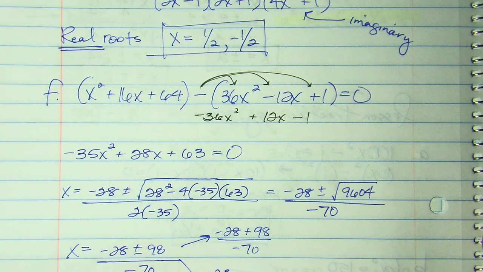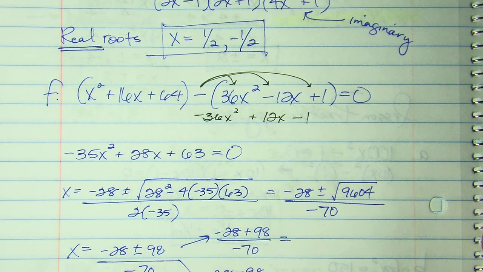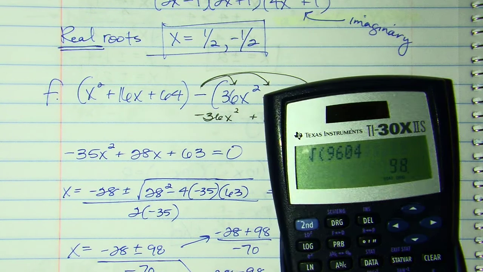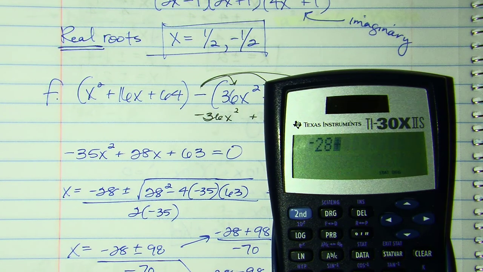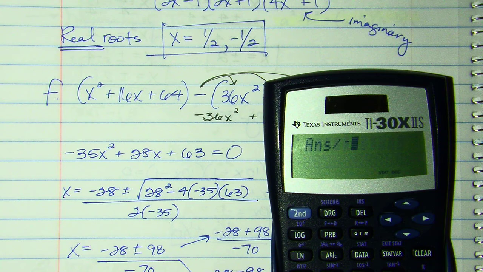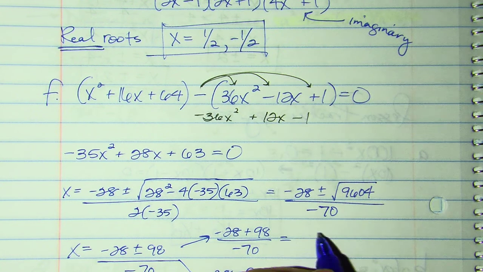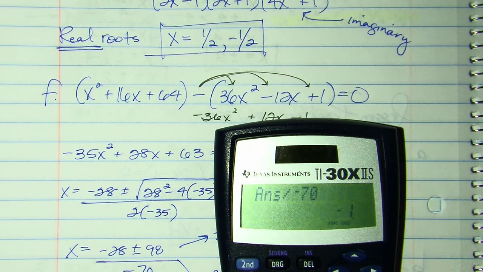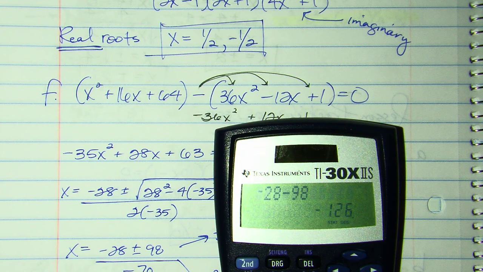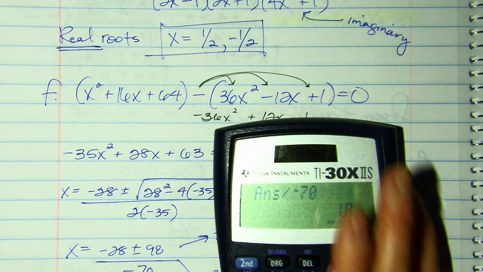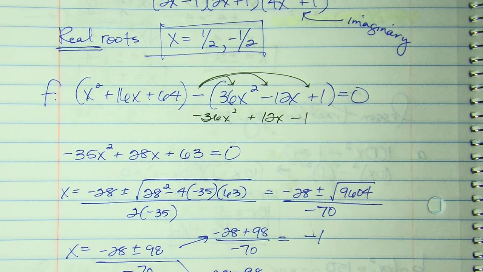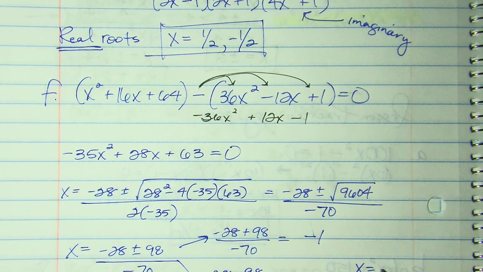One's negative 28 minus 98 over negative 70. And we're going to enter each. So negative 28 plus 98 divided by negative 70, and I get negative 1. Negative 28 minus 98 divided by negative 70, and I get positive 1.8. So x equals negative 1 and 1.8.